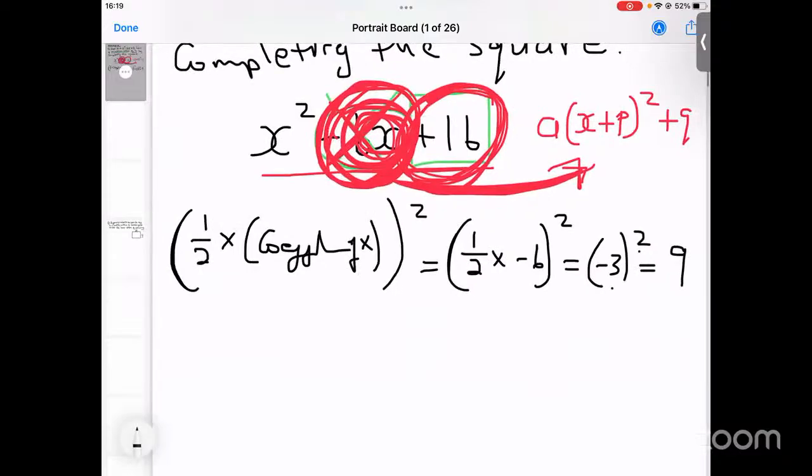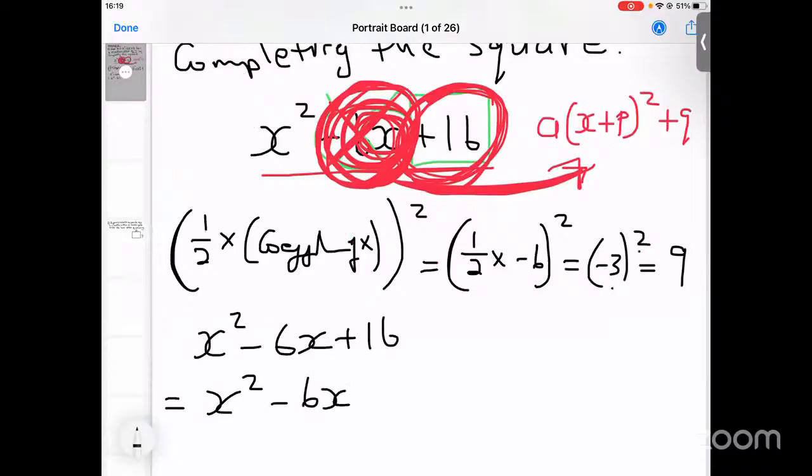So in other words, the expression x squared minus 6x plus 16 is just the same as having that -6, whereby you remember when you complete the square, you have to add that same value and still subtract it, and then you therefore have 16.